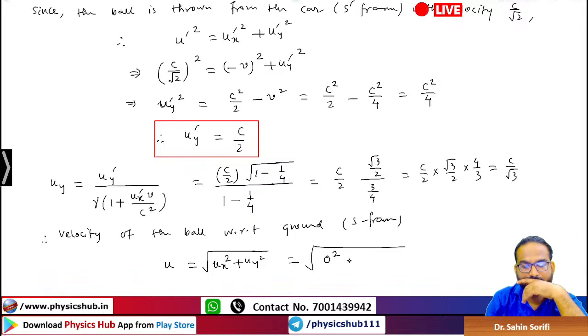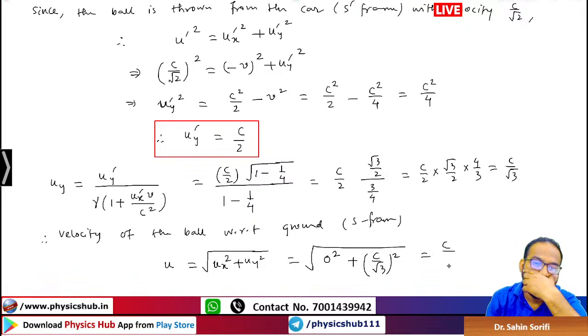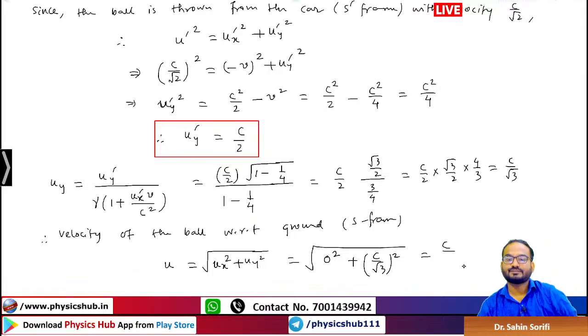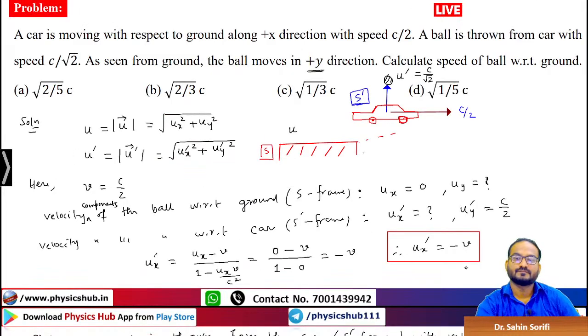Uy is c by root 3. So the answer is Option C.